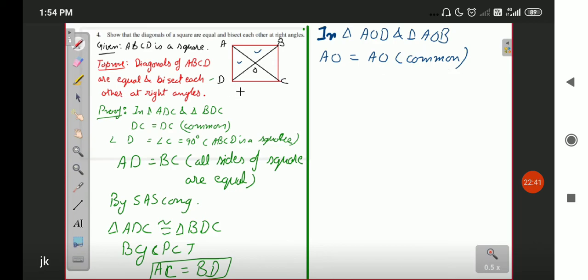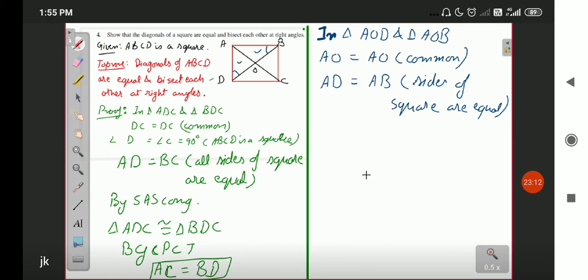Okay, what more can we do? We have AD and AB as equal. AD is equals to AB because all sides of a square are equal. And secondly, what we can do is we can say that this angle D and this angle B are equal. How so?